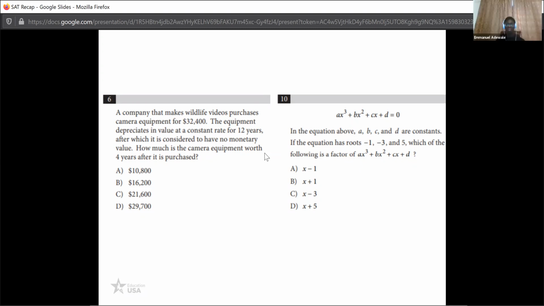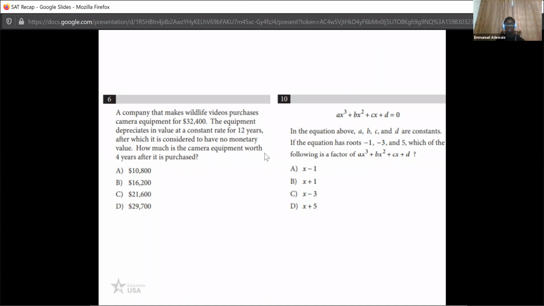Yeah, definitely. That's a great way of solving this one. And again, this is the no calculator section, and you're going to have to rely on being able to make some mental calculations when you're answering these questions. And that was a very quick and very good way to solve it.